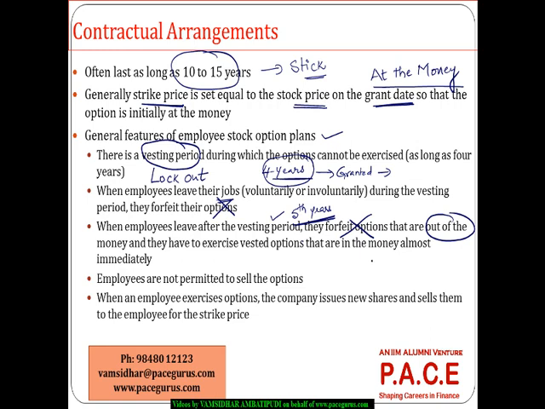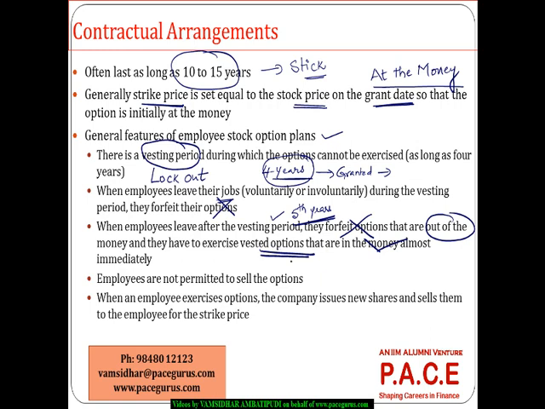And the options that are in the money, they have to exercise immediately, which means they have to pay the strike price and exercise the option immediately, not again at a later point.